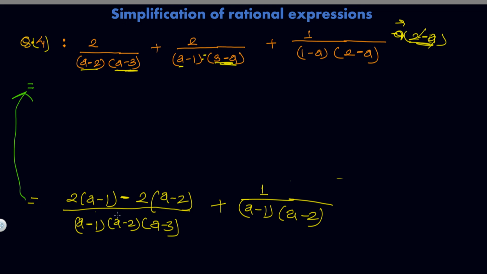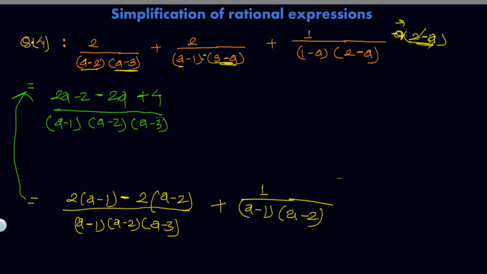So now this one will give me 2a minus 2, whereas negative 2 times a is negative 2a, and negative times negative is positive. 2 times 2 is 4, over my term over here will be a minus 1, a minus 2, a minus 3.